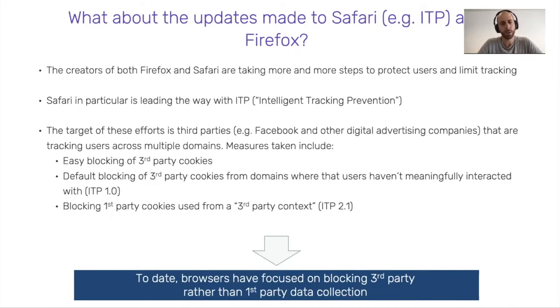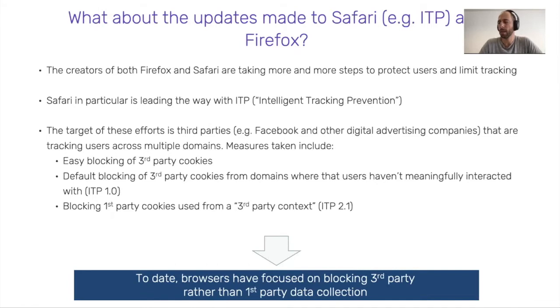With the first version of ITP that the guys at Apple launched, the impact was to block by default the setting of third-party cookies from domains where users hadn't meaningfully interacted.